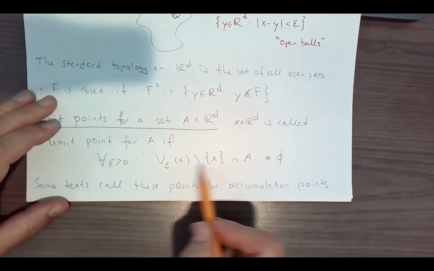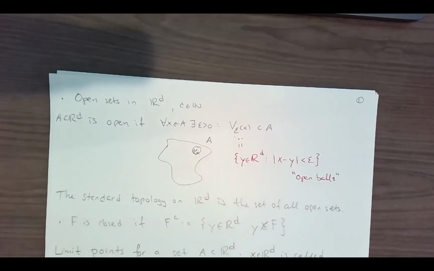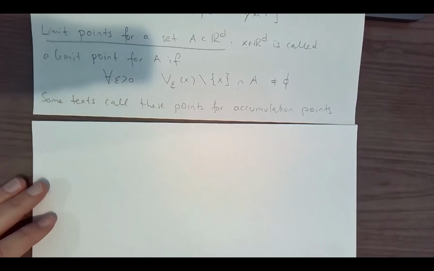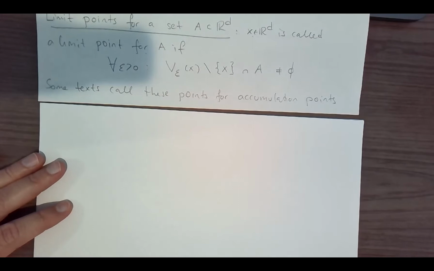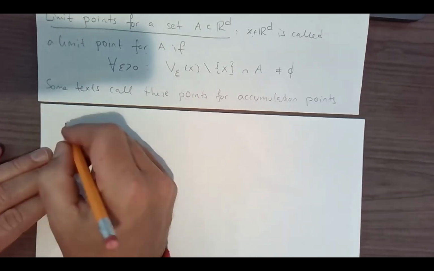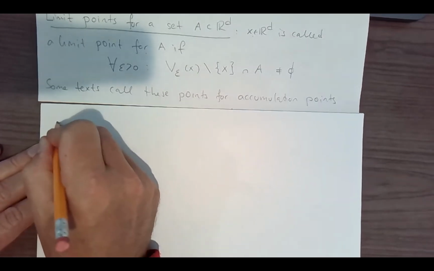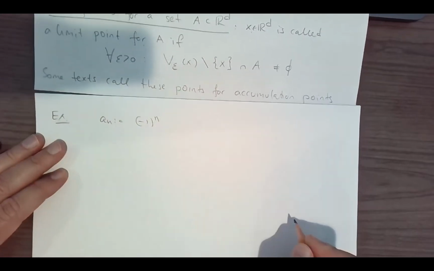It can be a bit confusing to look at this thing here. We looked at some examples last time, so I should revisit them fairly quickly. We also have a definition of a cluster point, and that's different. We had a sequence, this one we have had so many times, -1 to the nth.